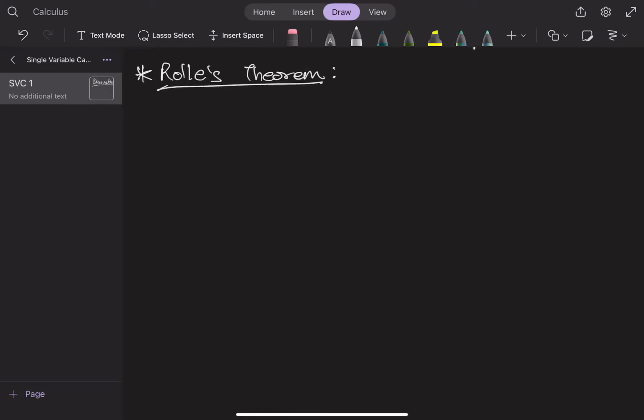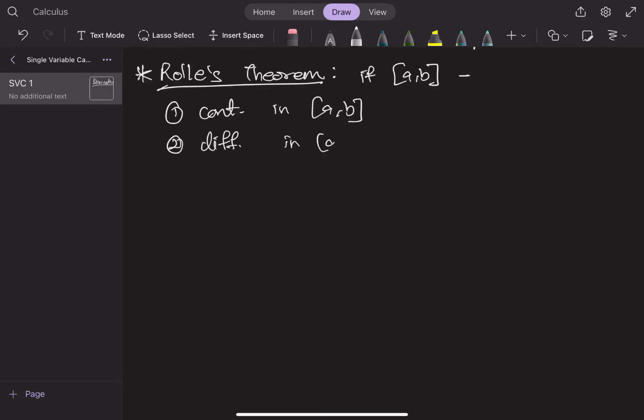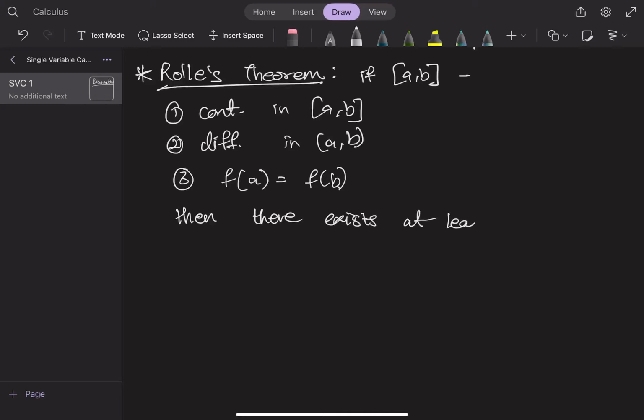So this theorem says that if you have a function defined in a comma b, which is continuous in a comma b, differentiable in a comma b, and third, your f of a is equal to f of b, then there exists at least one c that lies between a and b such that f dash c is equal to 0.